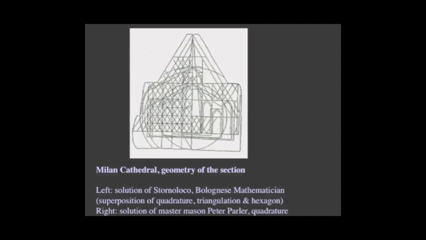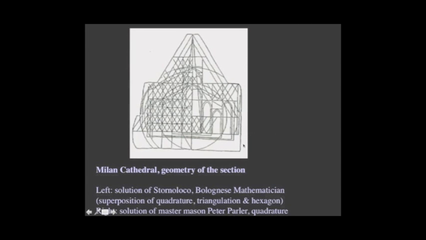However, it also had to mean something, and that's why the mathematician, Mr. Stornolocco in Bologna, came in and took what was already constructed of the Milan Cathedral and reinscribed it into a different geometrical system. So this is Stornolocco's drawing.